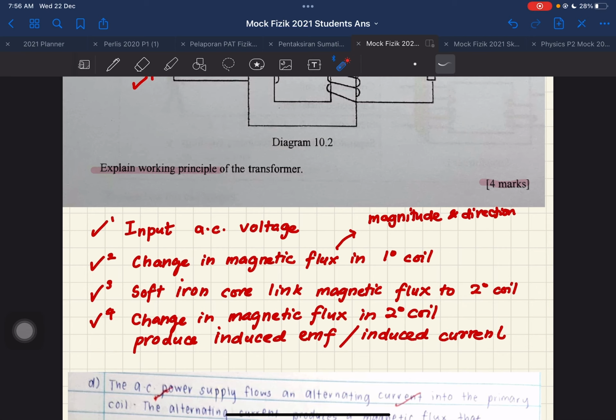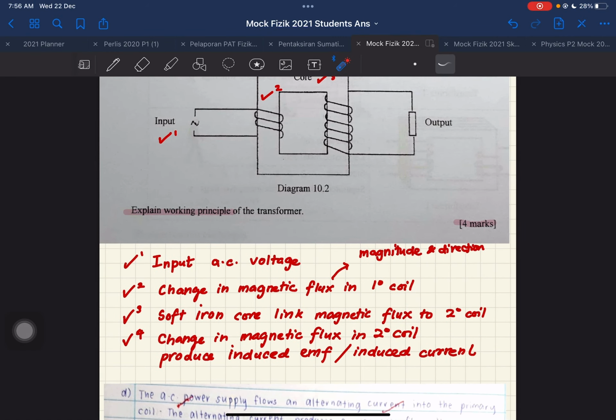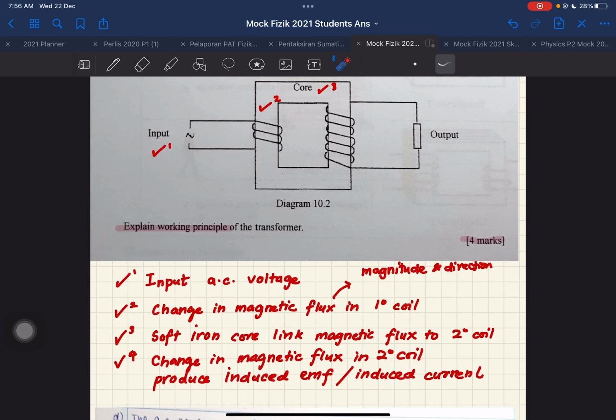Since the magnetic flux keeps on changing direction and magnitude, it will induce EMF in the secondary coil. So the fourth mark is here. Change in the magnetic flux in the secondary coil produces induced EMF. The keyword is induced EMF, in the secondary coil.